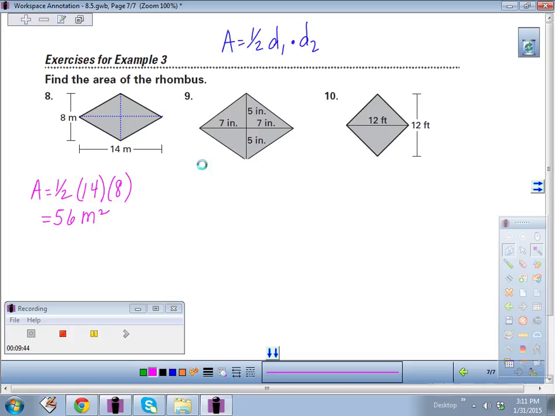Number 9. They do not give us the entire length, but they give us parts of the diagonal. So this is diagonal 1, 5 plus 5. That gives me 10 inches. 7 plus 7 gives me 14 inches, so those are my two diagonal lengths. So the area would be 1/2 times 10 times 14 here.